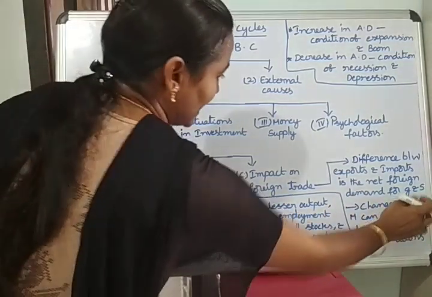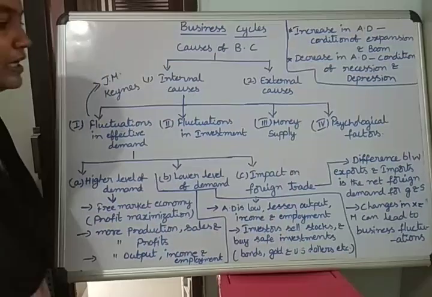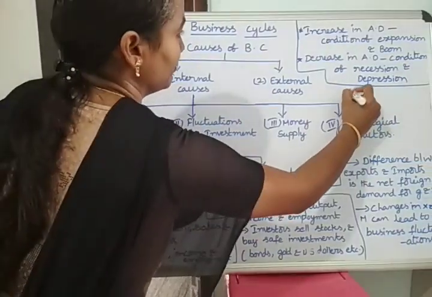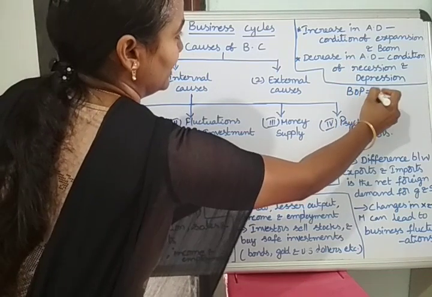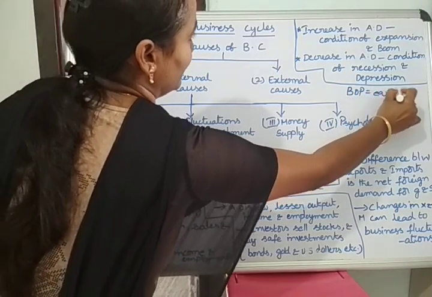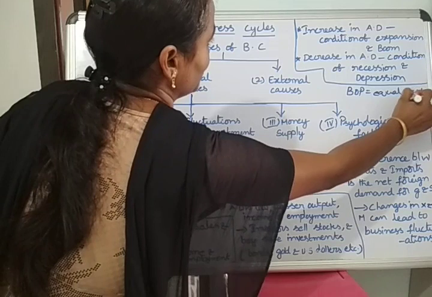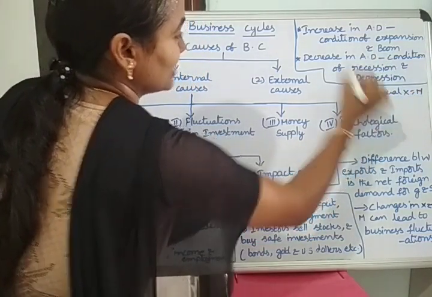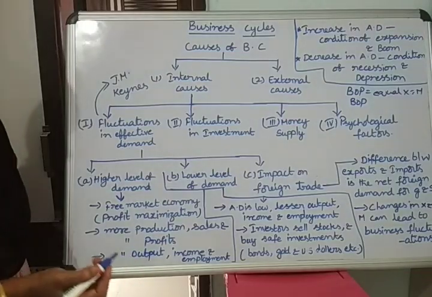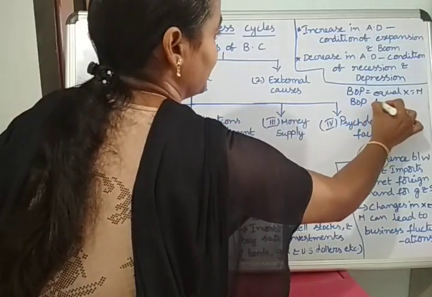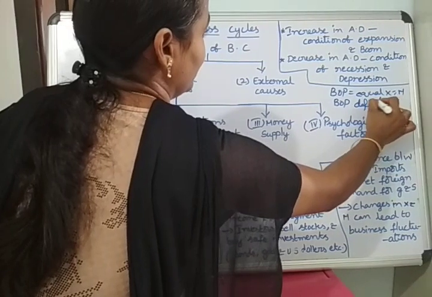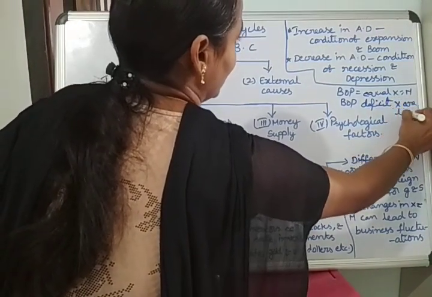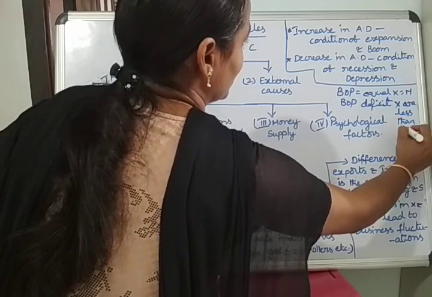Changes in exports and imports can lead to business fluctuations. If they are equal, then the balance of payments is equal. When this is possible, X equals M, exports equal imports. If in the balance of payments we get a loss or deficit, it means exports are less than imports.